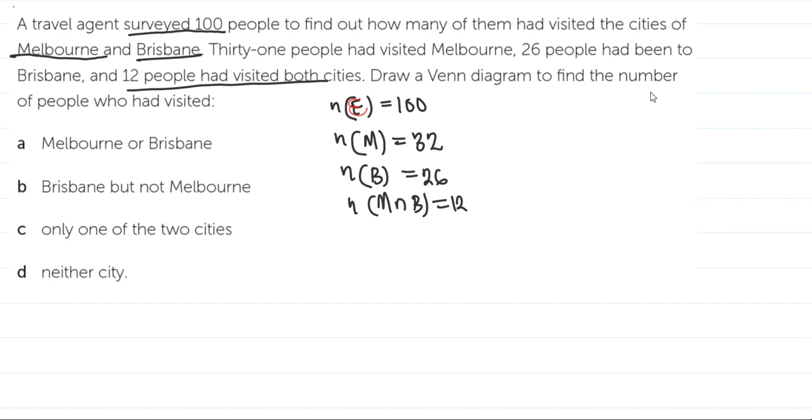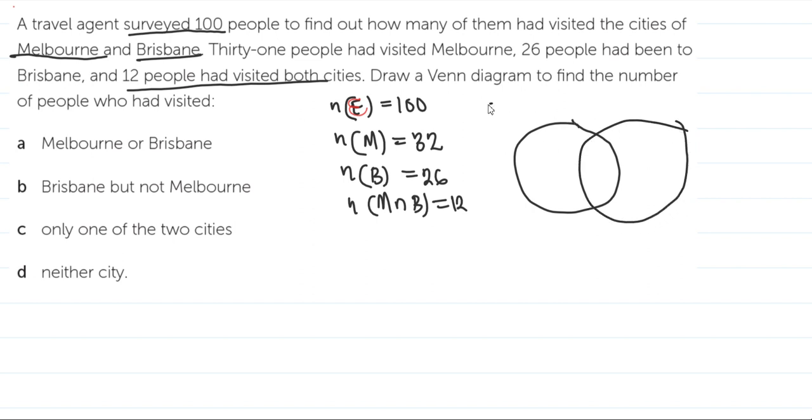We are asked to draw a Venn diagram to find these. Let's go ahead and draw the Venn diagram. We have this, and this for the other city. So we will need the universal set.